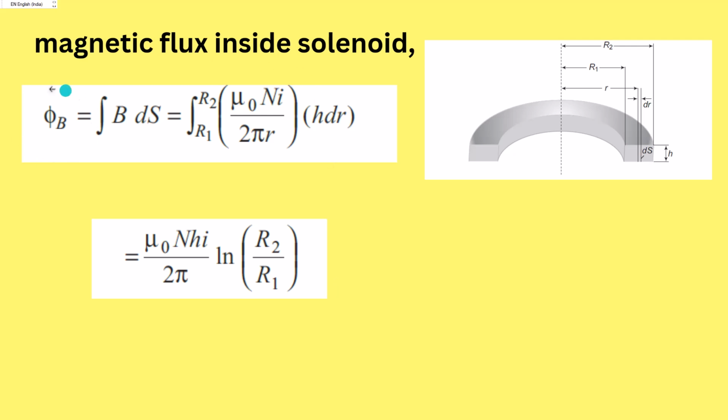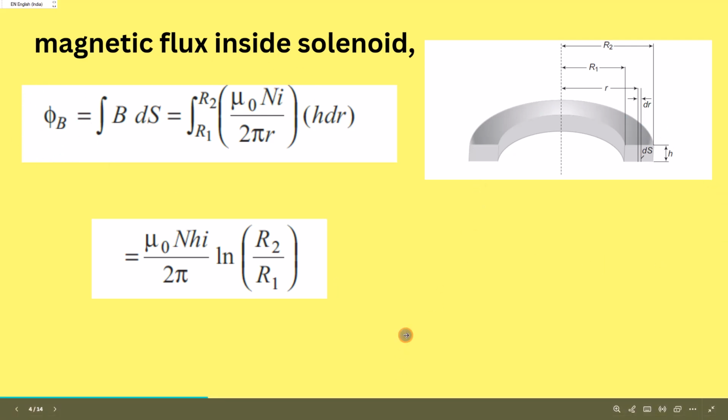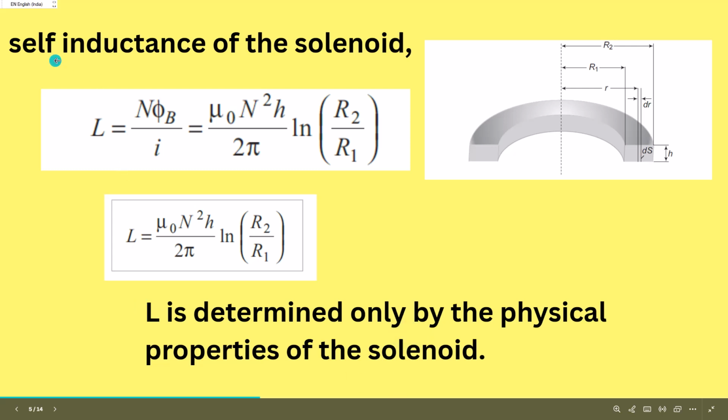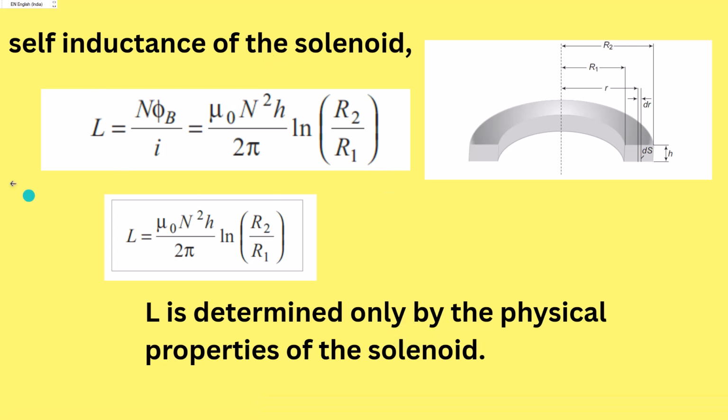So we get the total flux phi B inside this solenoid. Now the self inductance of this solenoid is L equals the total flux per unit current. So we get N phi B by I equals mu 0 N squared h by 2 pi ln r2 by r1.